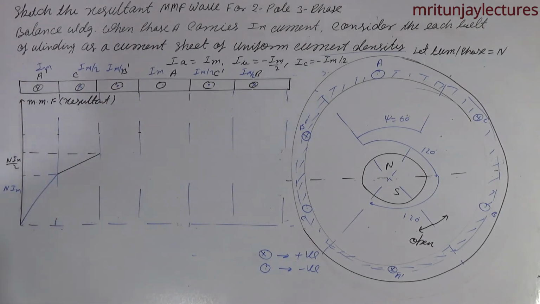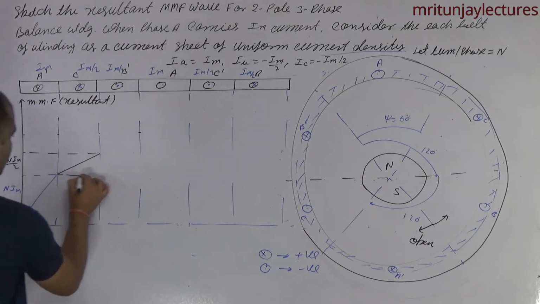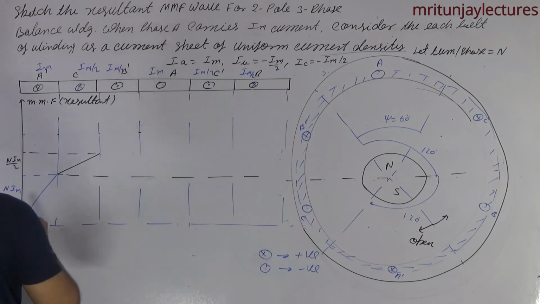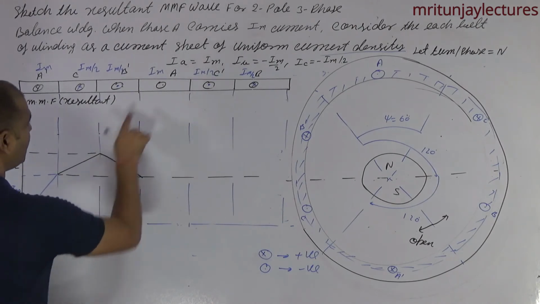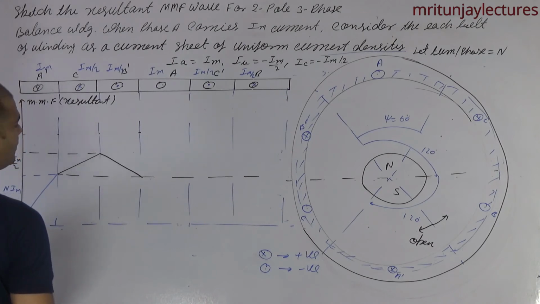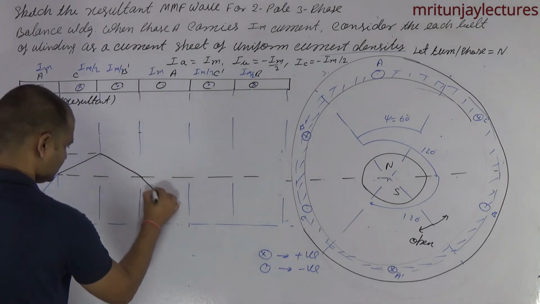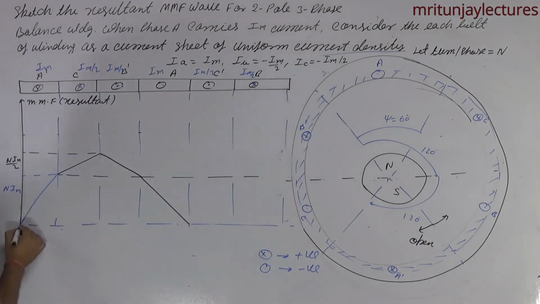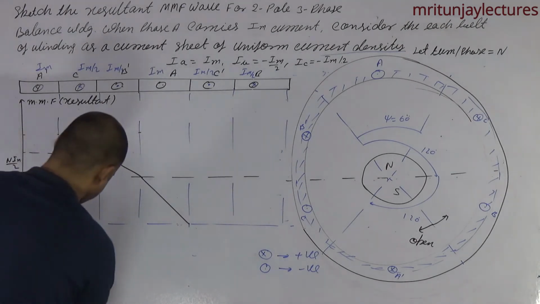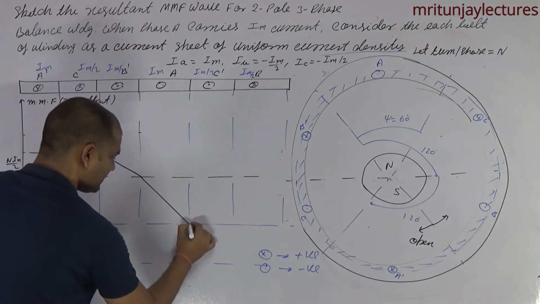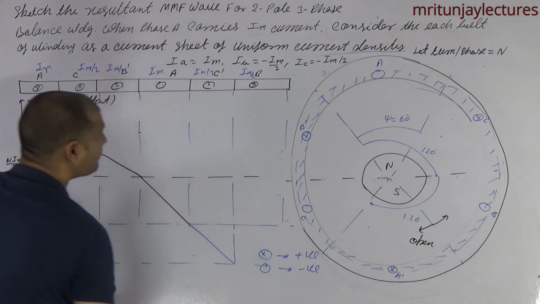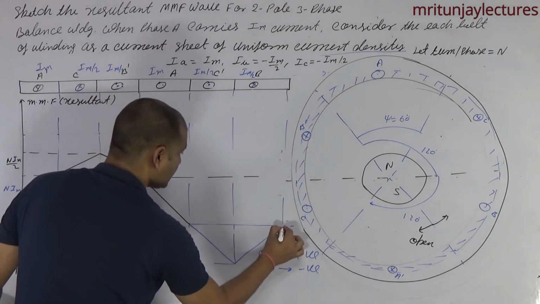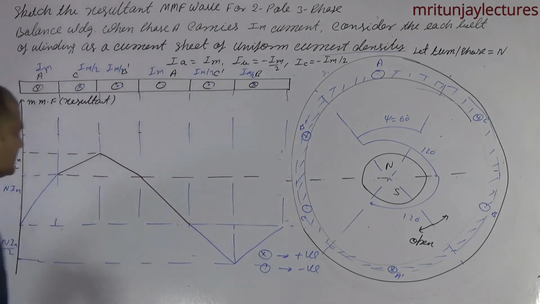Now this is dot polarity, meaning negative. And this is dot Im, so another dot, and this is Im by 2, that is N Im by 2. It means that is cross N Im by 2. Is it clear?